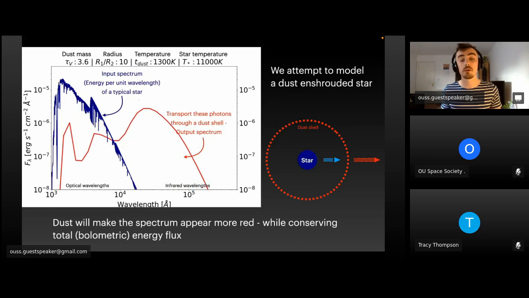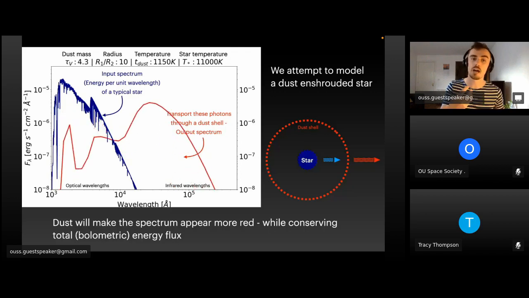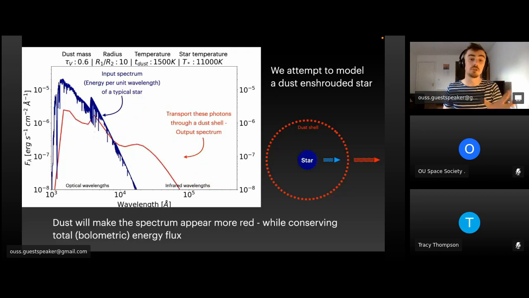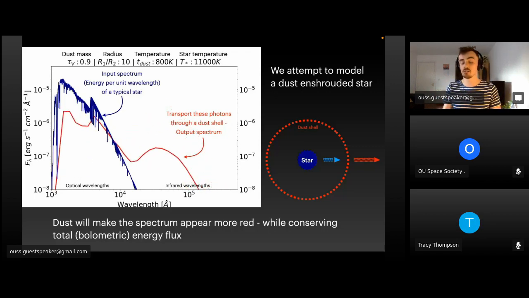So the animation on the left-hand side shows what we did. The blue curve is a stellar spectrum. So this is how a star emits its energy as a function of wavelength. You can see that this star emits most of its energy on the bluer side, or the UV, the shorter wavelengths, and less towards the red, which is longer wavelengths.